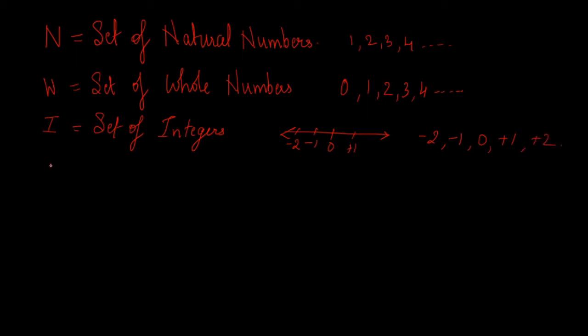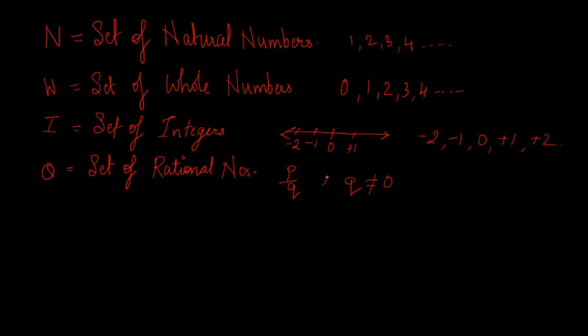Then we start with the next one, that is Q. Q is nothing but the set of all rational numbers. Now what are rational numbers, children? Rational numbers are generally expressed in the form P upon Q, where P can be any integer, Q can be any integer, but Q should never be equal to 0.